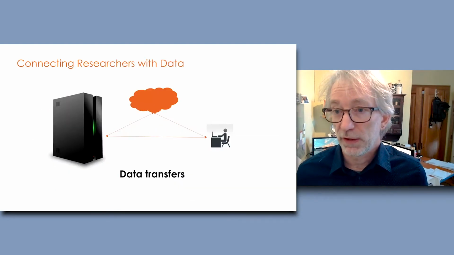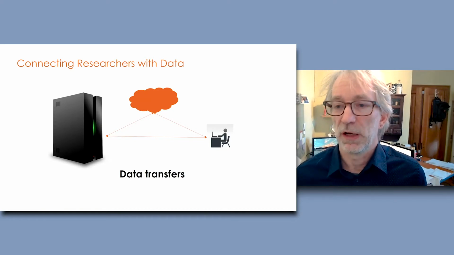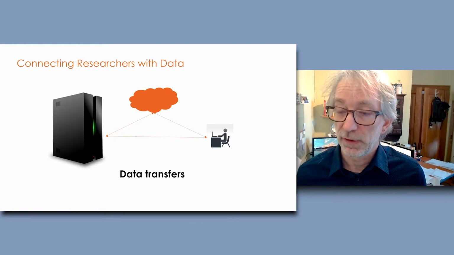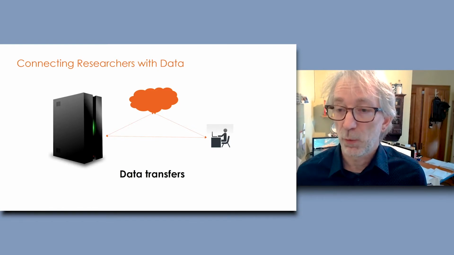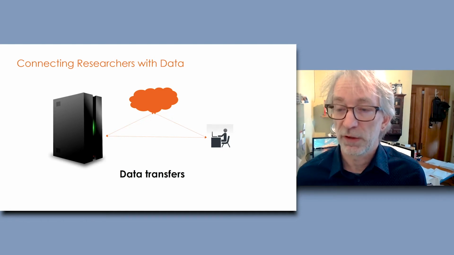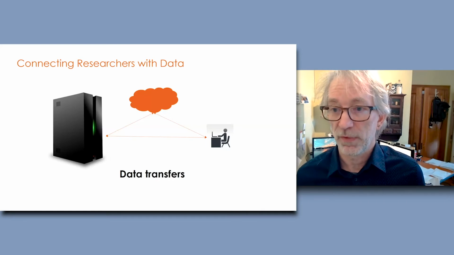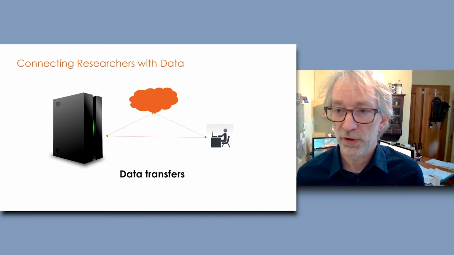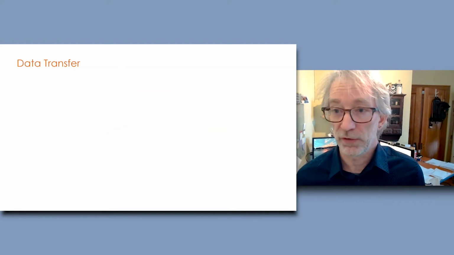In order to get data to researchers, one needs to transfer some element of the data. Often that has meant sending the data to the researcher, but at a minimum, if you're working with a third-party cloud provider, you're also transmitting the data to that cloud, and in some fashion, you're also then transmitting the data from that cloud provider to the researcher. There are many ways of setting that up.